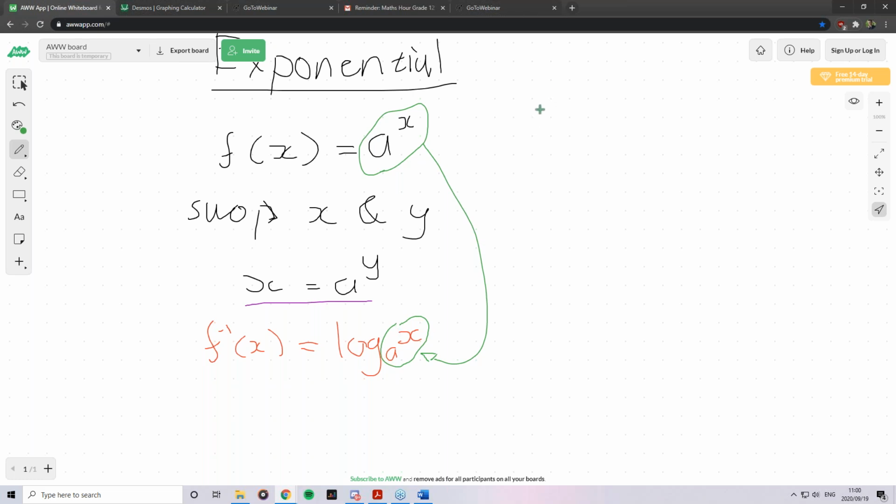So if they give you f of x is equal to a to the x, the inverse will always be log base a of x. Now, what if f is equal to log base a of x? What is the inverse? It's also just going to be a to the x. So this is a very neat trick.